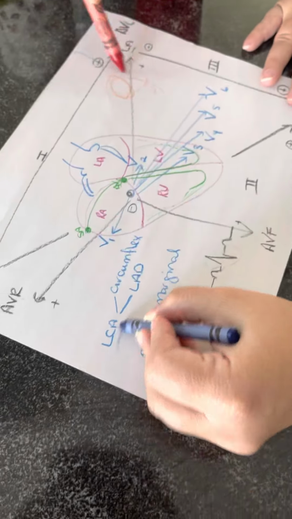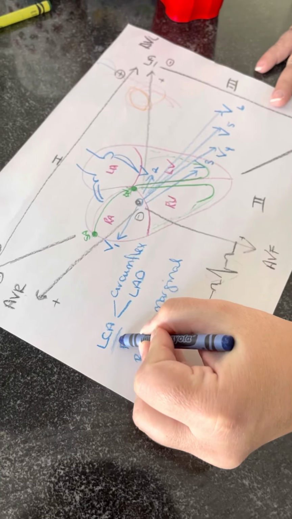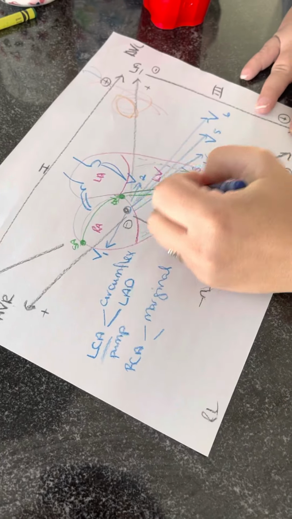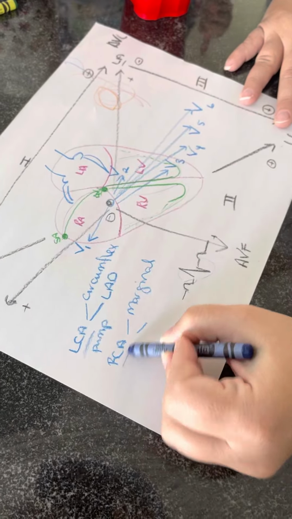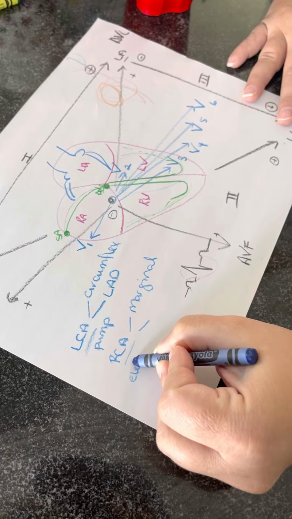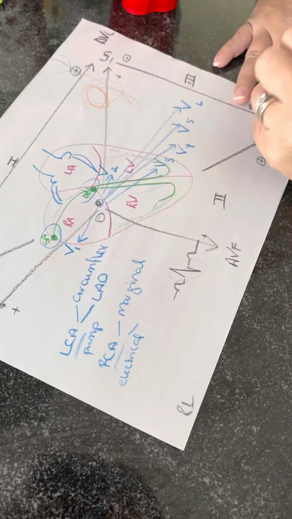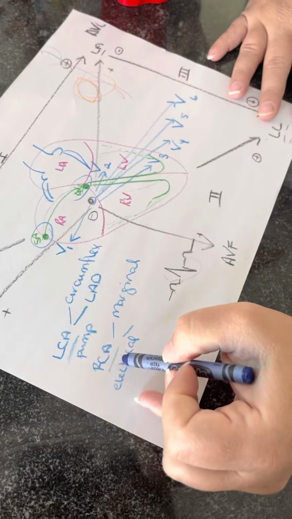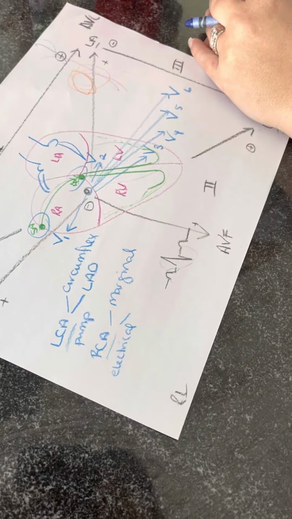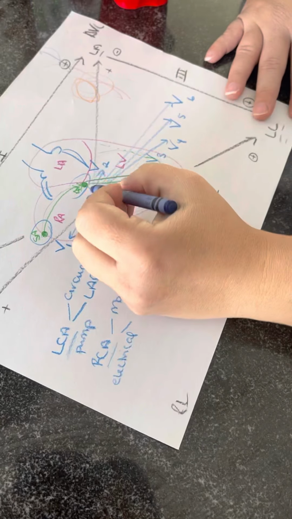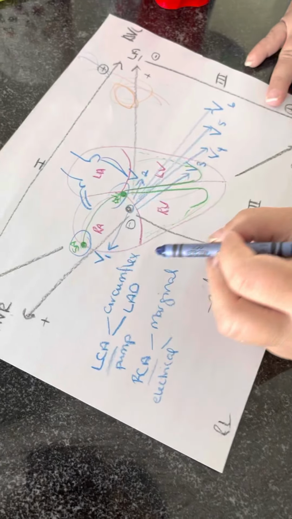The left coronary artery is more about the pump because it feeds the left ventricle. The right coronary artery is more about the electrical system because it feeds the SA node and the AV node. So when you're looking at where the right coronary artery is affected, you're looking at this direction.